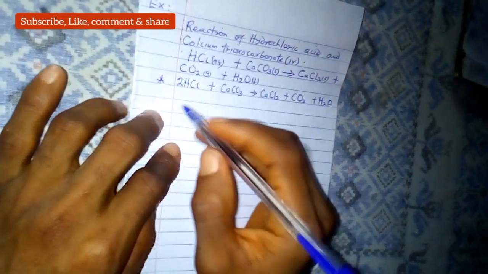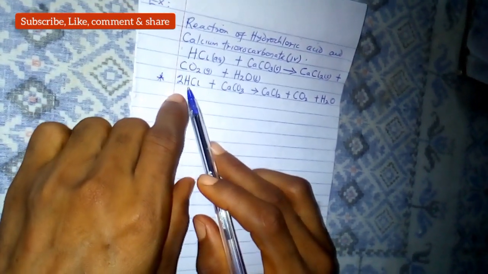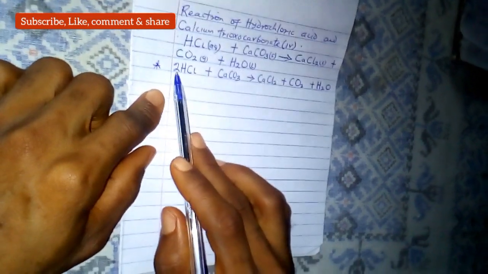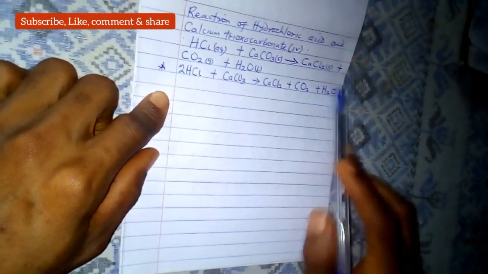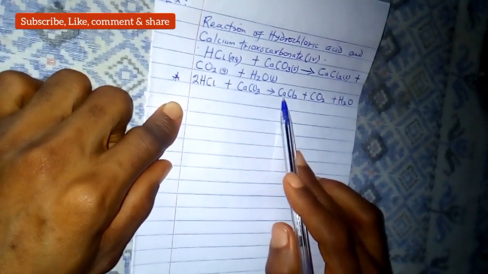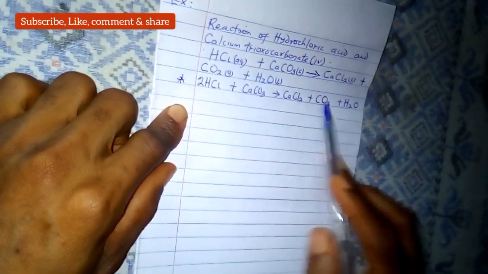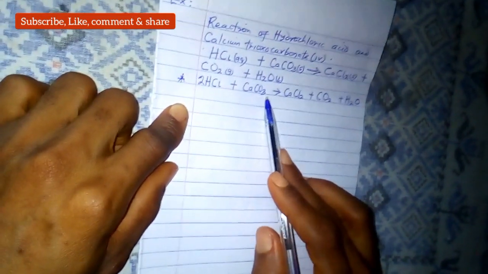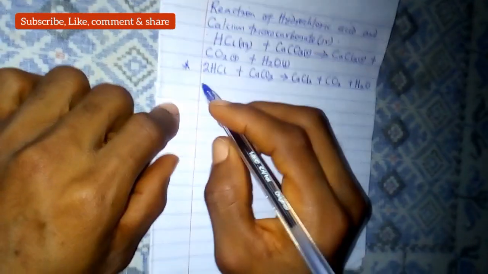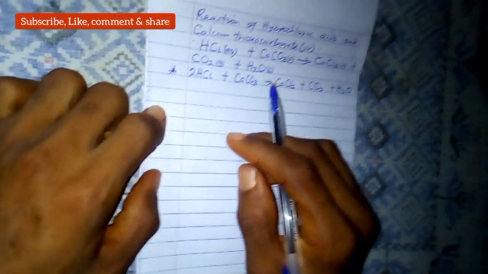So it seems this is a simple and easy task. So let's still check. 2 hydrogen, 2 hydrogen, 2 chlorine, 2 chlorine, calcium 1, calcium 1, carbon 1, carbon 1, oxygen 3, oxygen 3. So it means that we haven't created or destroyed matter.